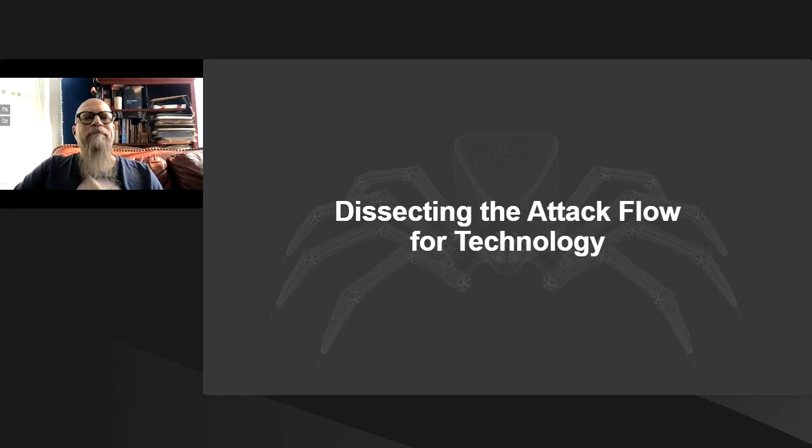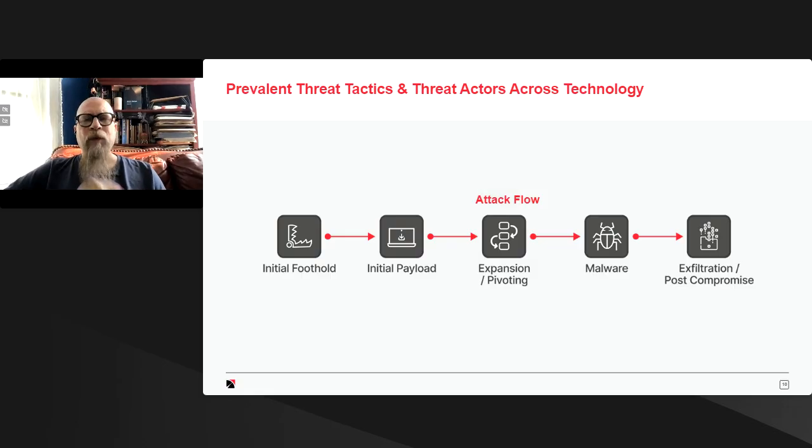So let's talk about the attack flow. So when we're talking about attack flow, this is sort of a generalized view of what an attack chain or attack flow looks like, targeting any industry, any organization. A threat actor is going to get an initial foothold on some sort of asset, whether that's a VPN gateway or some administrator's laptop, doesn't matter, just needs to get a foot in the door.